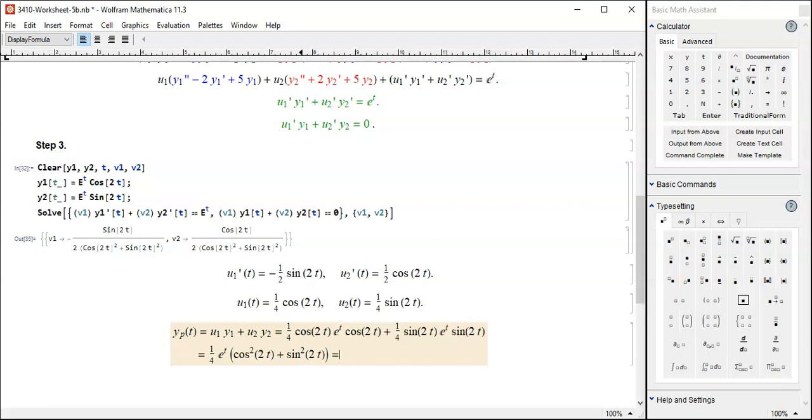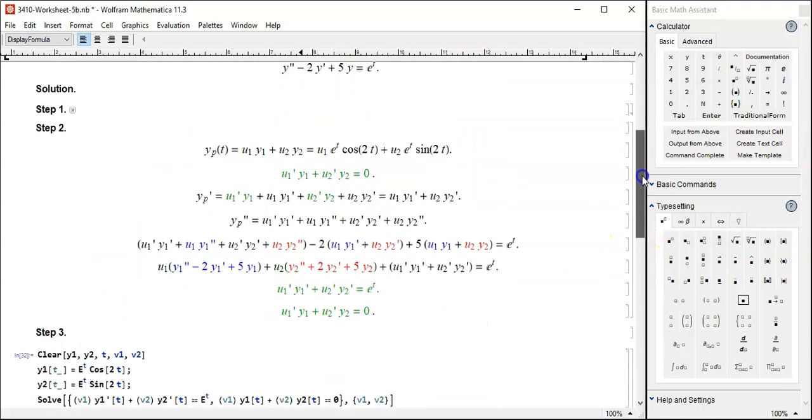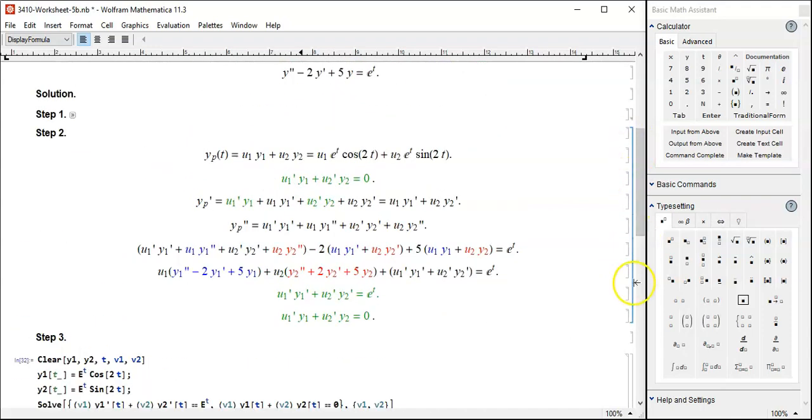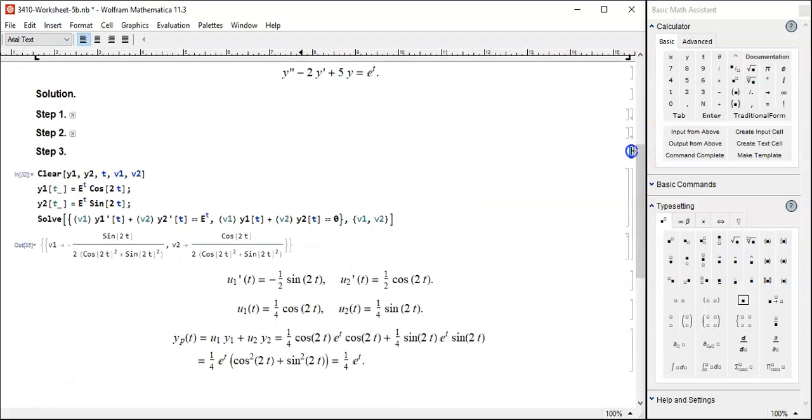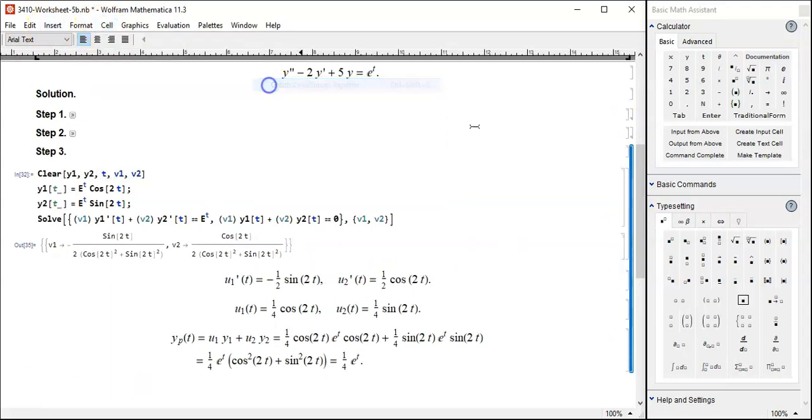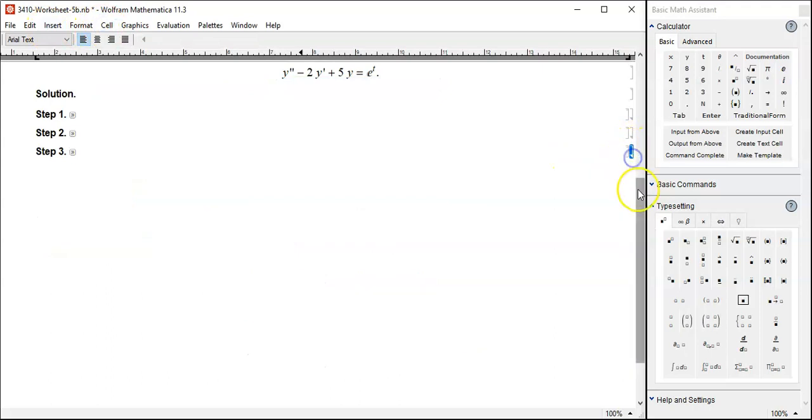That's 1, isn't it? So this whole thing is 1/4 e to the t power. And that is the particular solution. The end result became so simple that I'm pretty confident this is the correct answer. 1/4 e to the t power.